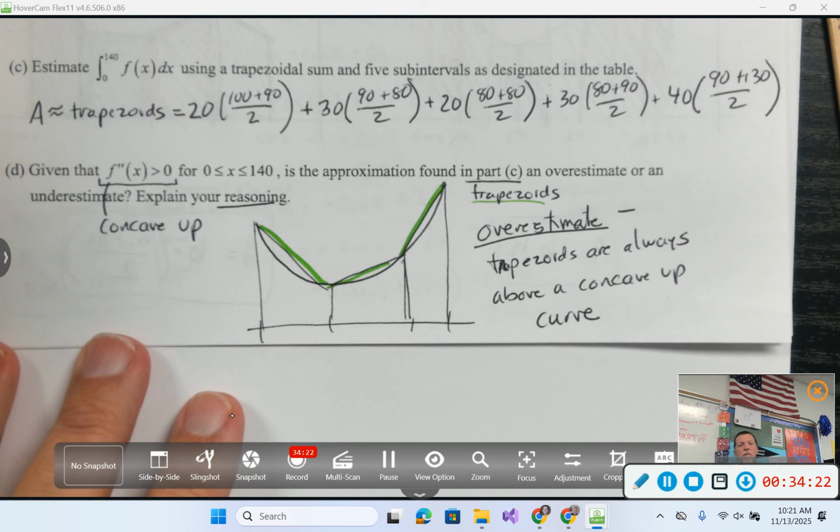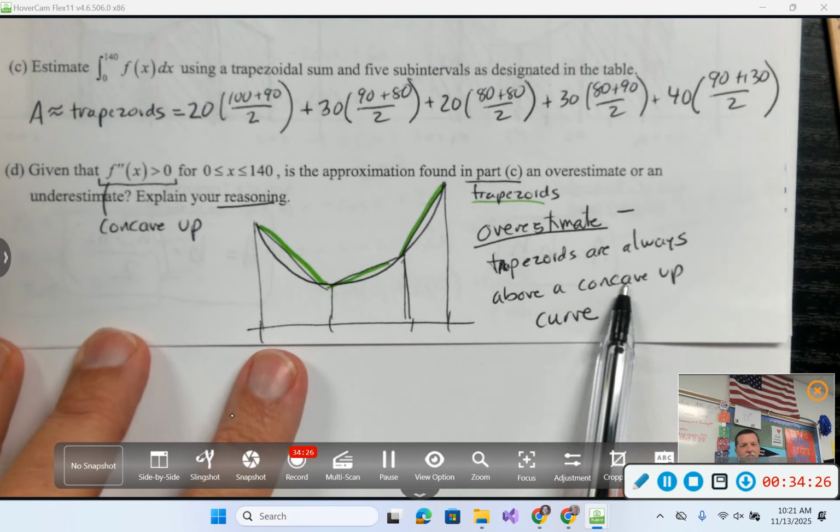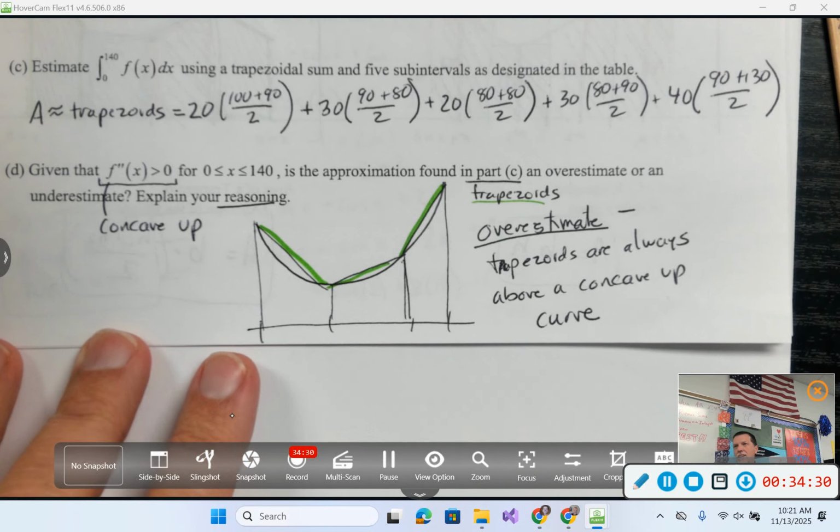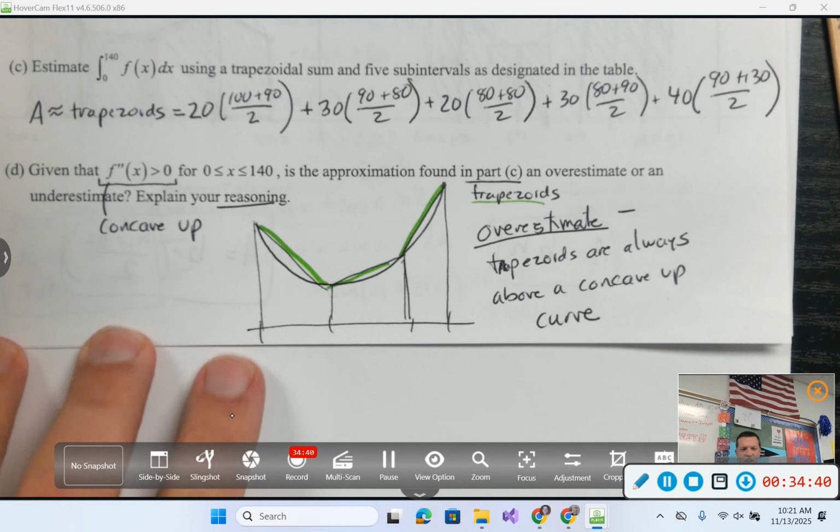Probably means they're always under a concave down curve, but you don't ever memorize this. When you hit a question like this, you sketch it out and you figure it out. Because there are different rules for right hand, left hand, increasing, decreasing, concave up, concave down. It's too much to memorize. Just sketch it out.